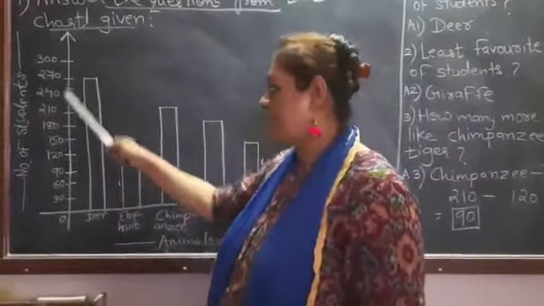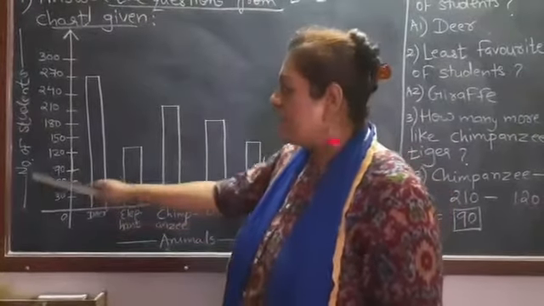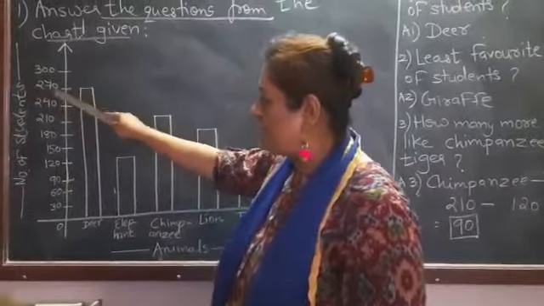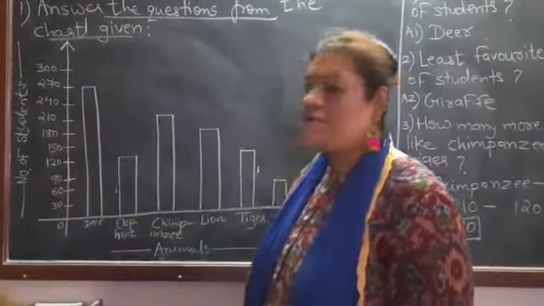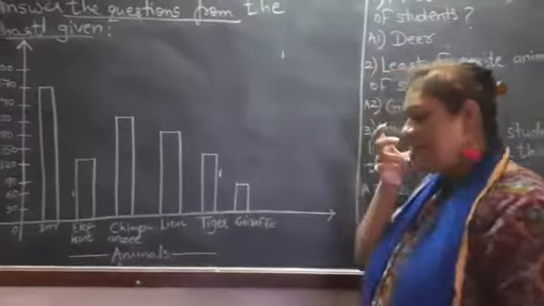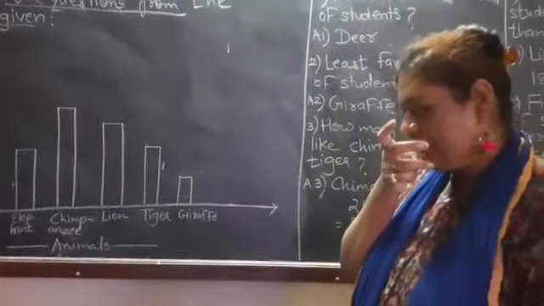The table of 30 is used here, and this is recognized as the number of students. These numbers are the number of students, and these are the names of animals they had gone to visit.